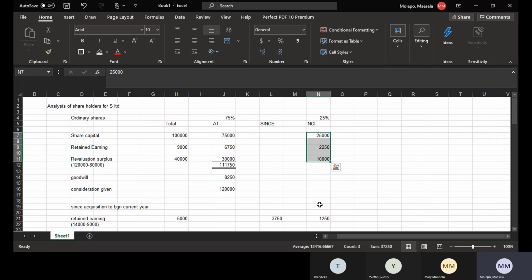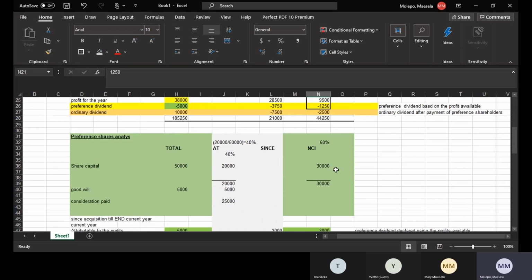You can follow it more on the journal on page 220. There's 37,250, which is this one, plus the 1,250, which is this one, then plus the 30,000 from the analysis of the preference. So that is how we arrive at the 68,500.